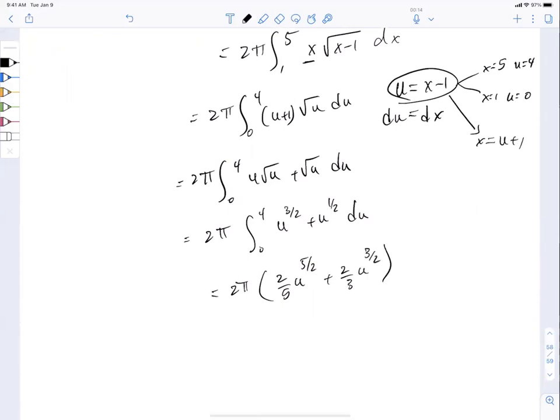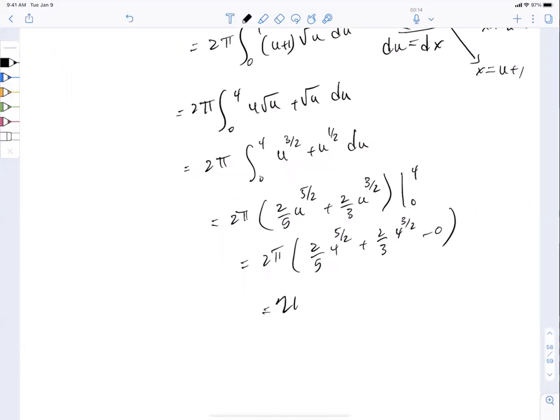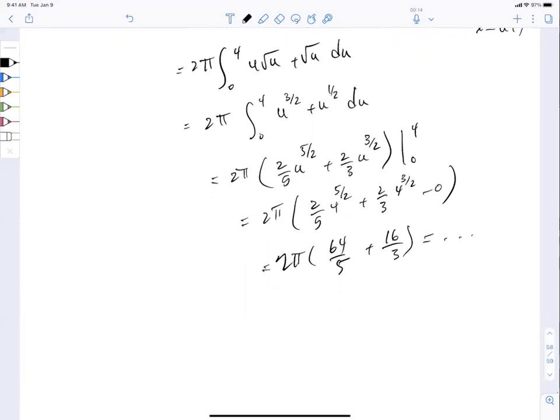Add 1 to the power. And 4 to the 5 halves is square root of 4, which is 2 to the 5th, which is 32. 32 times 4 times 2 is 64. That's just arithmetic. And then you can just calculate that.